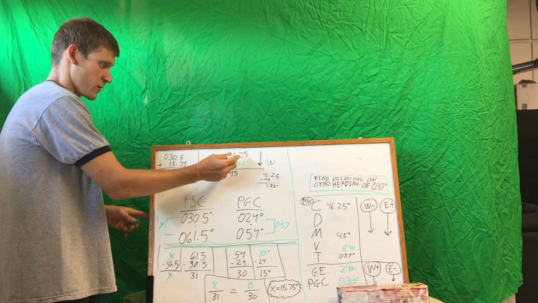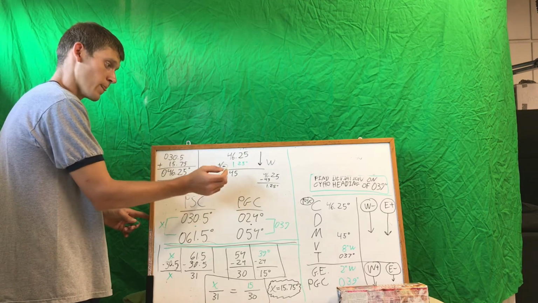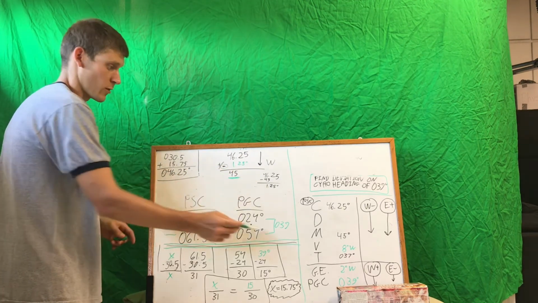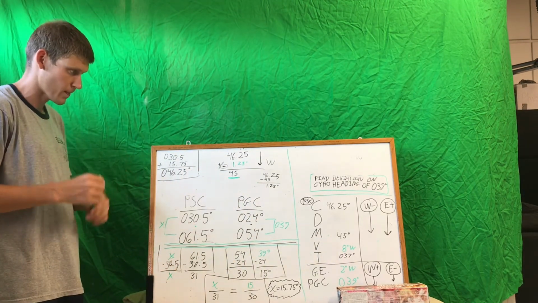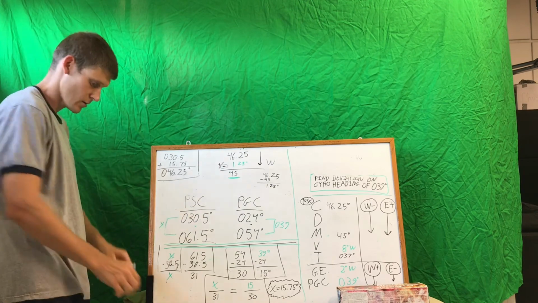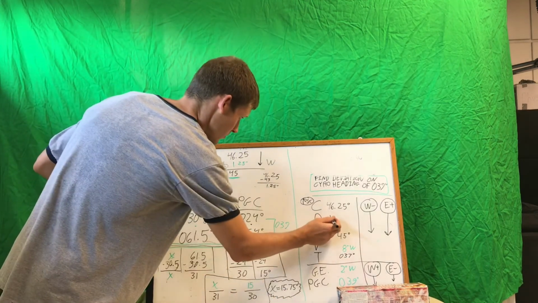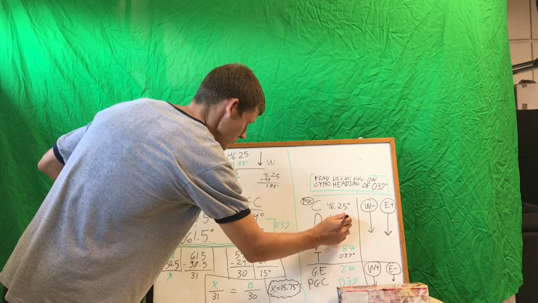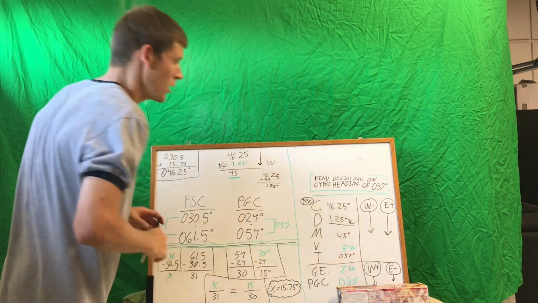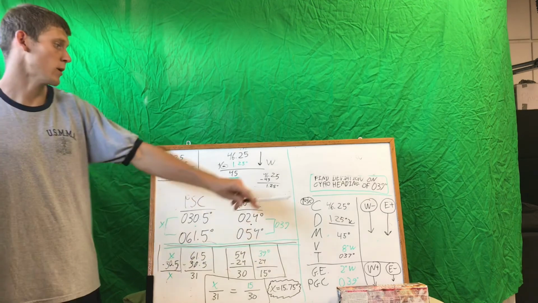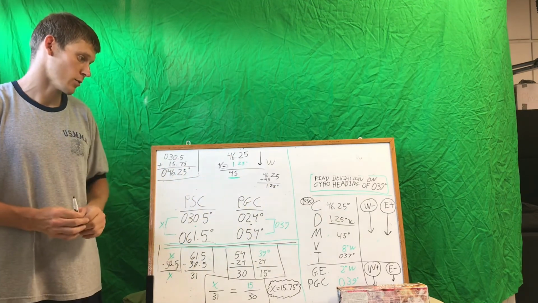We take 46 1/4 minus 1 1/4, we're going to end up with 45 degrees. And that's how we get the magnetic compass. So we have this, we plug it in here, one 1/4 west, and now we have solved the problem.